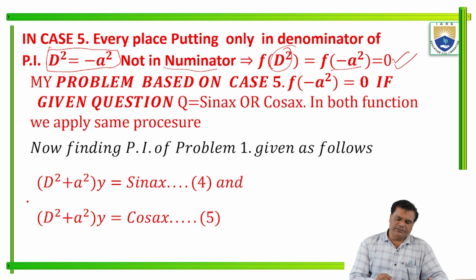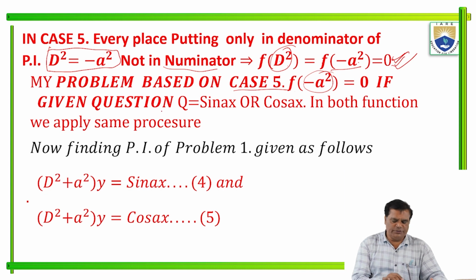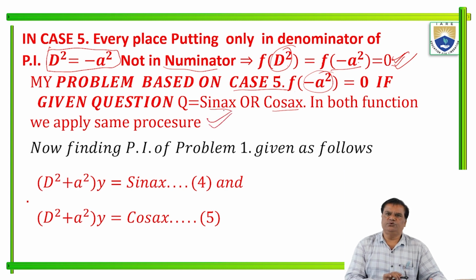So my problem based on case 5: F(minus A square) equals 0, as I gave at the start. If the given question Q equals sin Ax or cos Ax, in both cases we apply the same procedure to find PI.